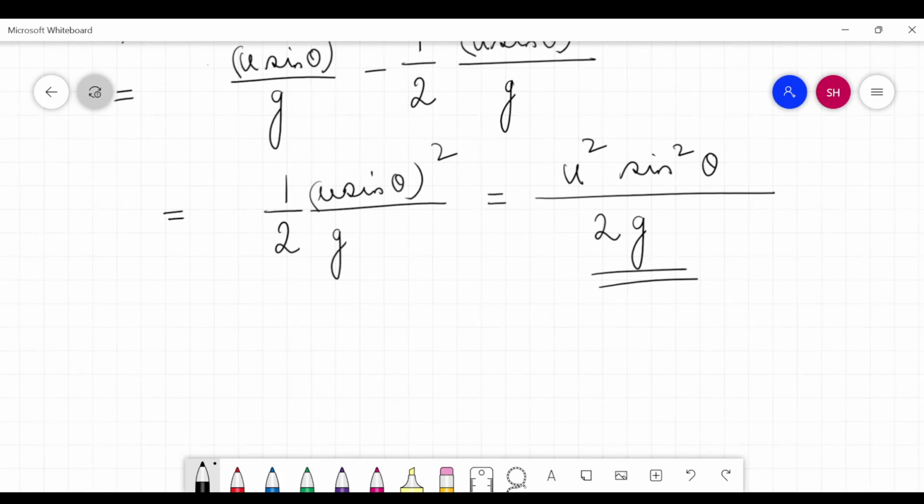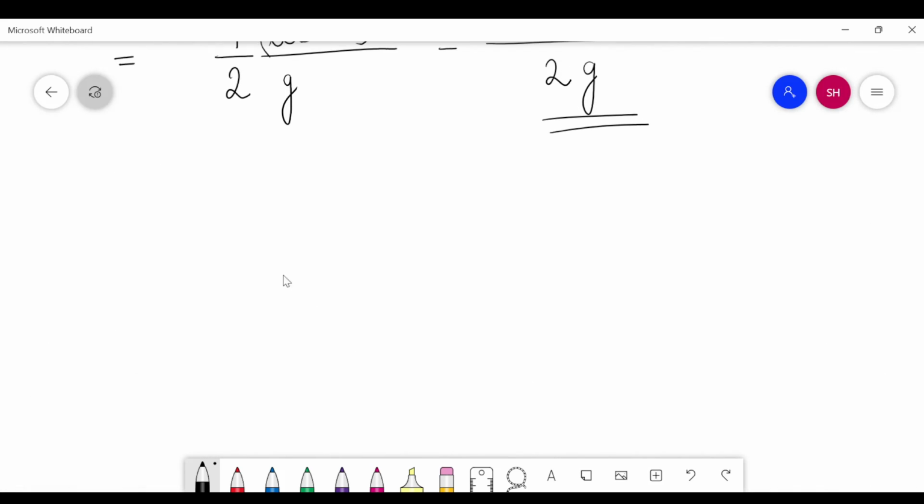So, the summary of the class is projectile motion. An object is thrown in this direction with a velocity u. We first decompose this velocity into two components. If this angle is theta, then this is u cos theta, and this is u sin theta.